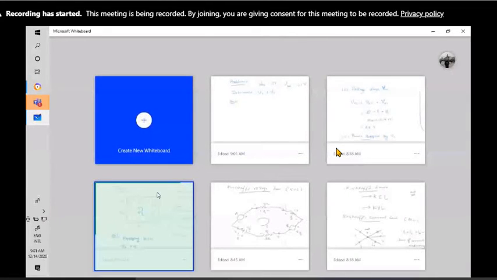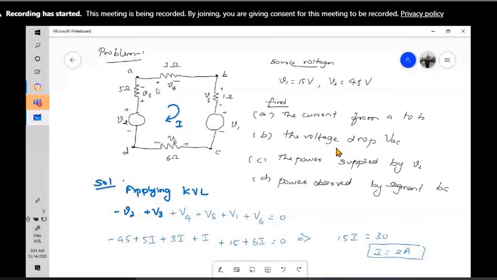Now this is the same circuit that we are using to frame the next problem. So the second problem also is based on this particular circuit, and here it is given that the voltage drop between A and C is totally 15 volt.